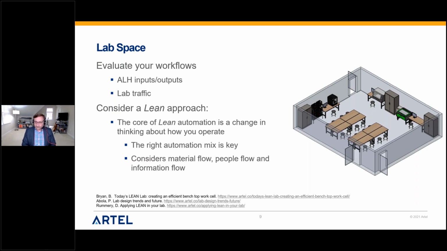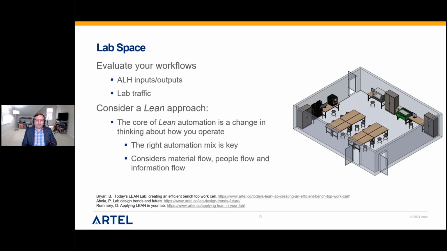And in this particular slide, there's a couple of references on the Artel website. It's thinking about this lean approach, and it's sort of a change in the way we think about it. Don't just get something, but think about the way you're going to use it, and how you operate as a group or a lab or as an individual.